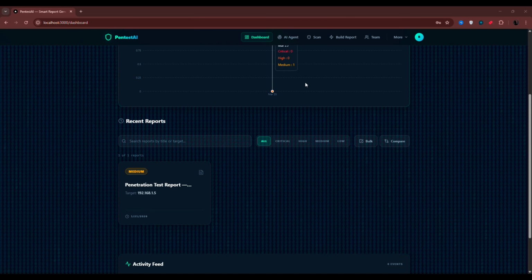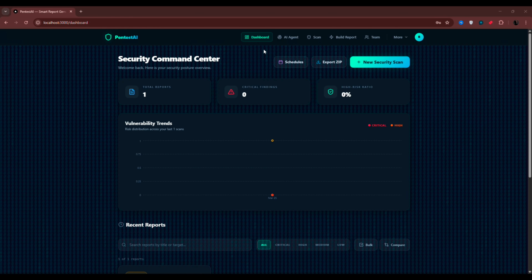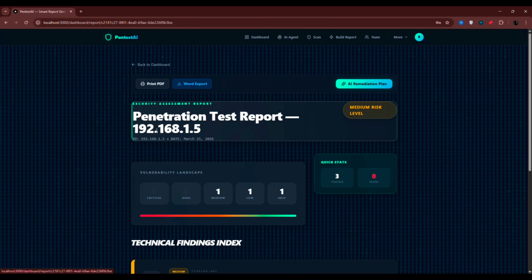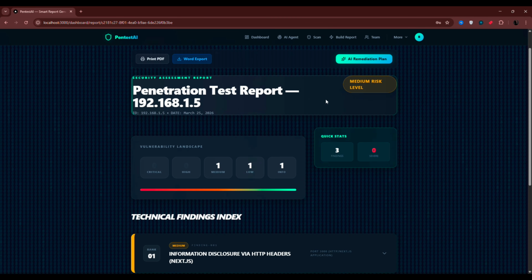Okay, as you see here, I have named it Pinterest AI. Now let's go to the dashboard. In the dashboard we have the security command center, which has all the information about the scans which I have done. I have done one scan and collected the report here. Let me show you that report. You can see this is the report.